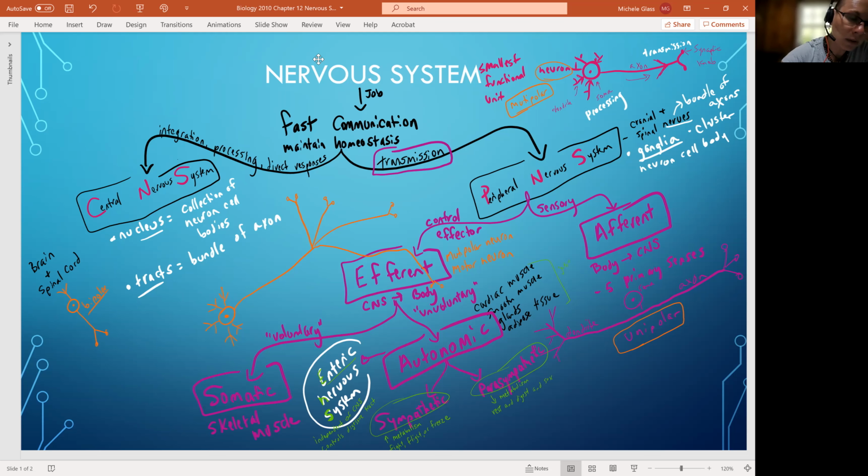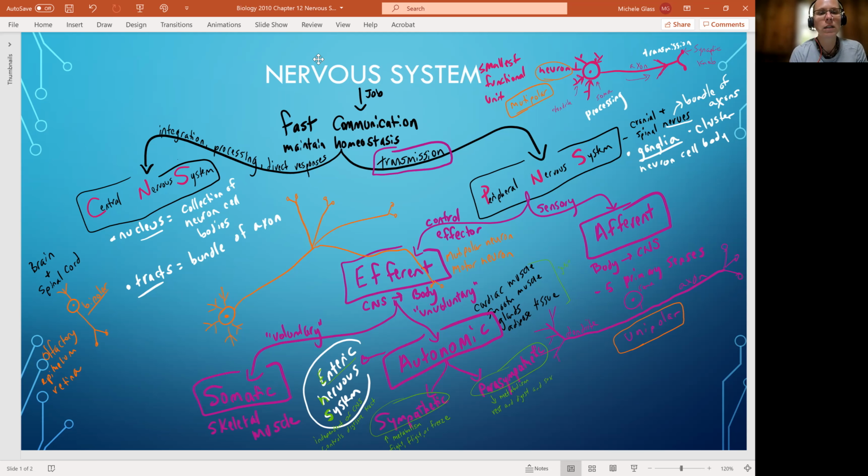Now the bipolar we'll see on part of our olfactory epithelium that's in our nose. That's part of our sense of smell. And we'll see it also in the retina, which is in vision.